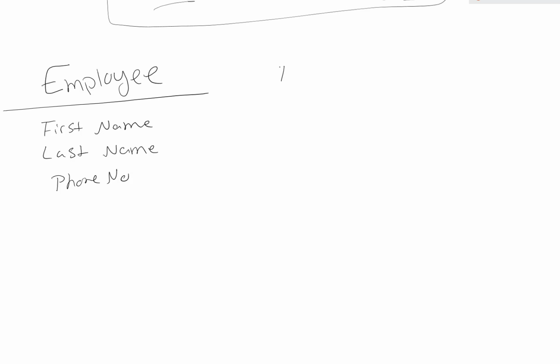I would then think about what makes full-time employees different from part-time employees. They're going to inherit all of the information from the employee base class, but they can add on and create new functionality by extending what is already happening in the employee class.